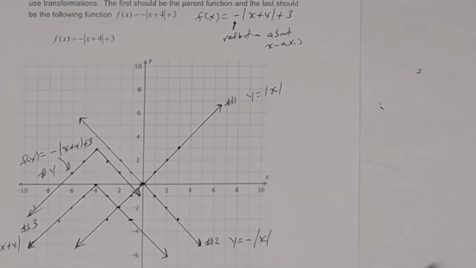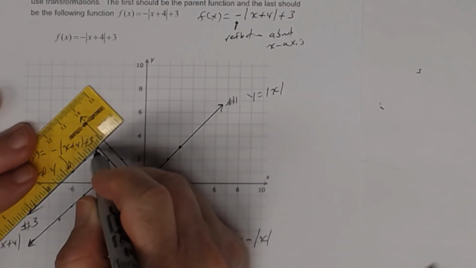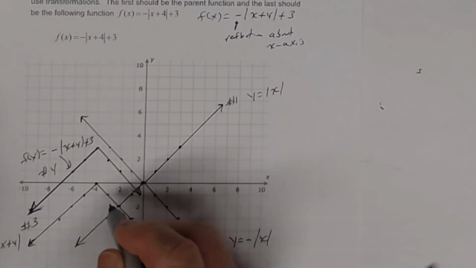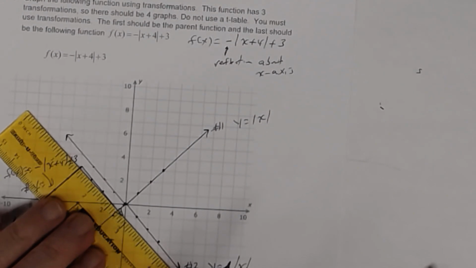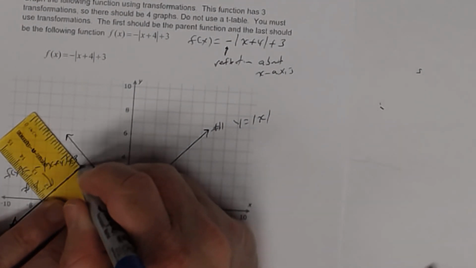Let me go ahead and use a darker color to indicate the final function, the function I really wanted to end up with, and that is this. I'm going to use this right here. So notice what I did.